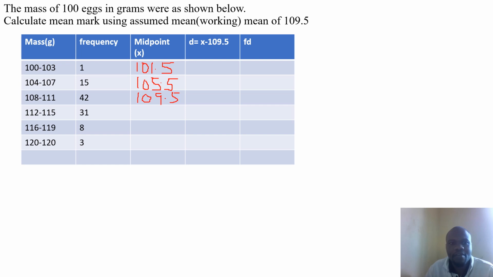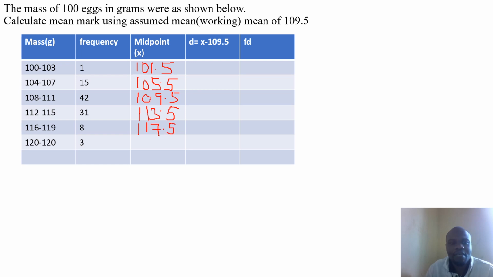If I add 112 plus 115, I get 113.5. If I add 116 plus 119, this gives me 117.5.